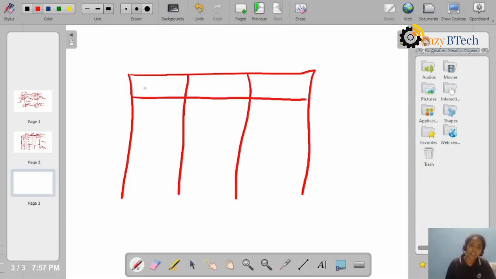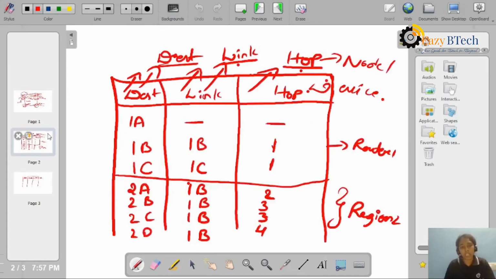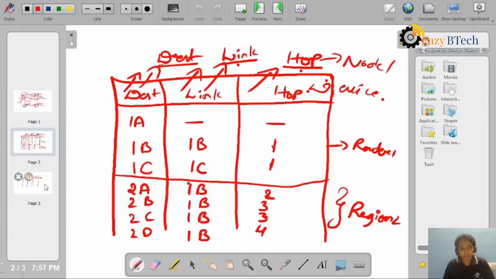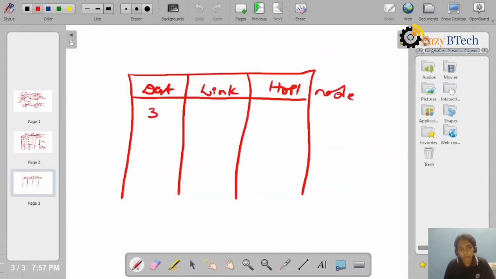The first column is destination, then link, or we can call it line, then hop or node. So I wrote the routing table for regions 1 and 2. For the third region, 3A is a direct connection from 1C, the link from 1C.